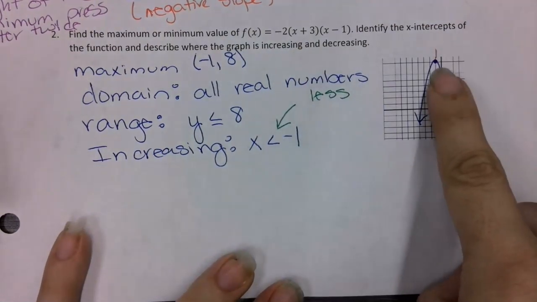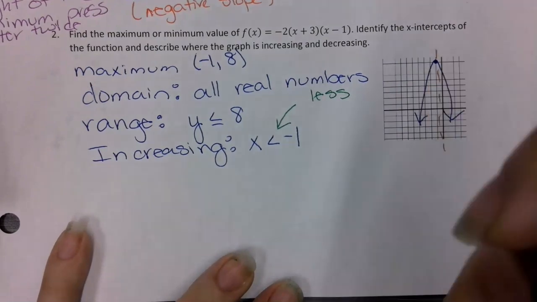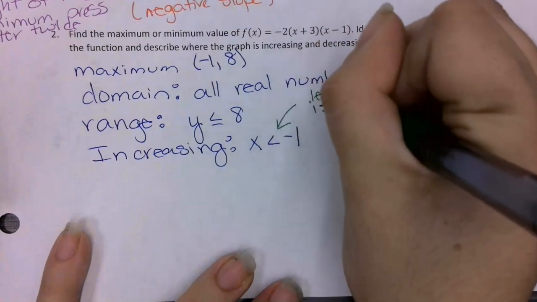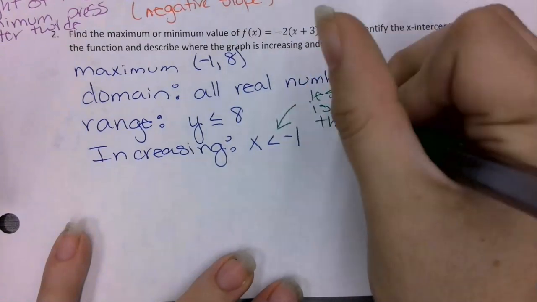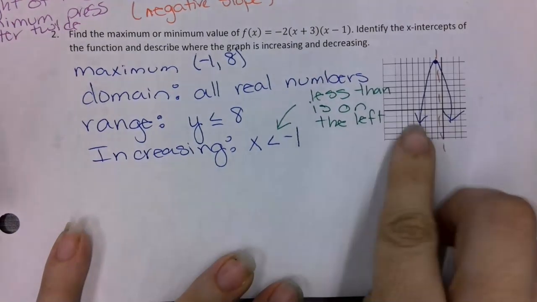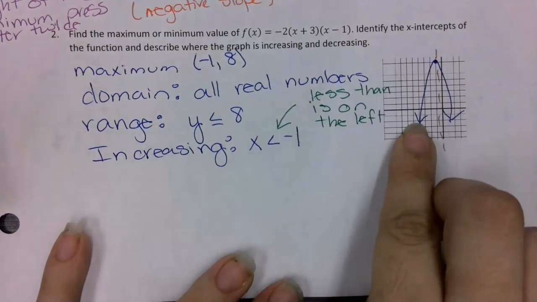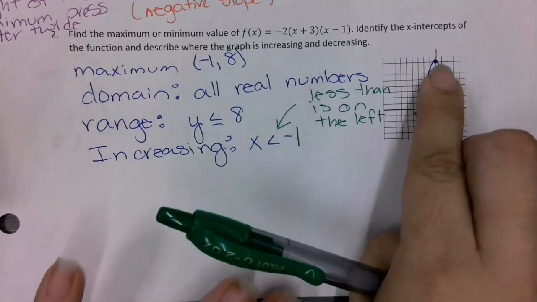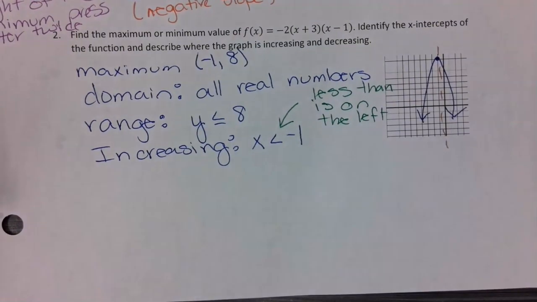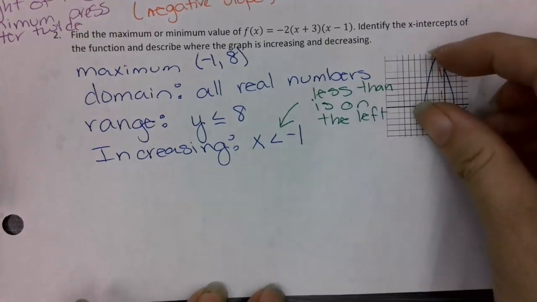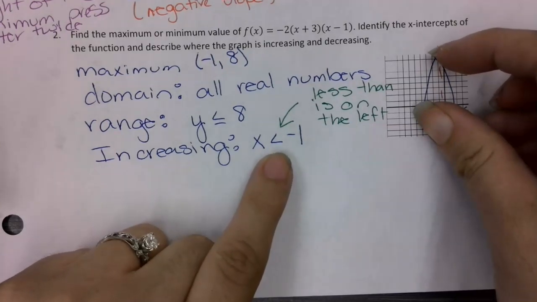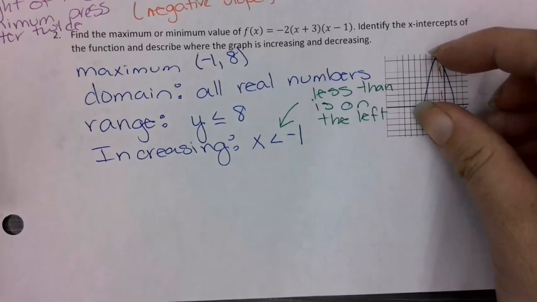Negative, because the vertex was a negative 1. The less than, because the way we read graphs is left to right. So the more right I go, the more up it goes on the left side, because from these 2 points, it's got a positive slope. So that's why I do the less than for the left. Because on the left side, it's got a positive slope.